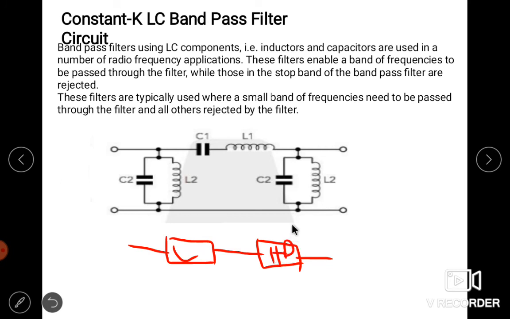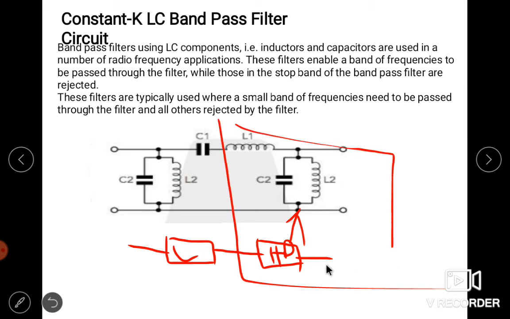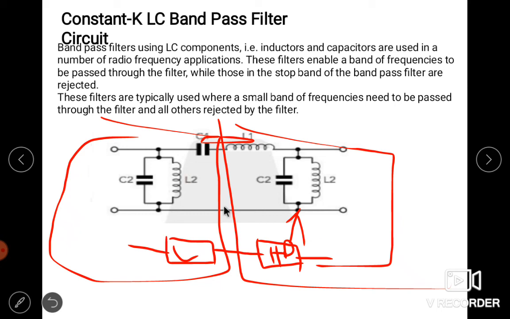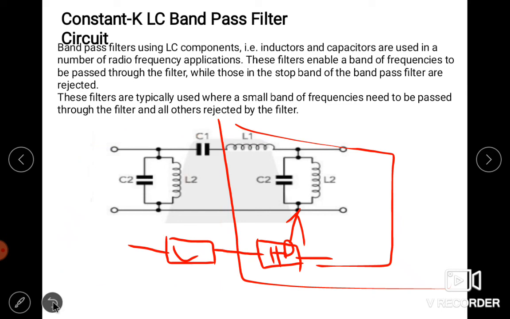So these are this section, and the rest of the sections are this section. By using this type of circuit and component, we have to design the constant K LC band pass filter circuit.